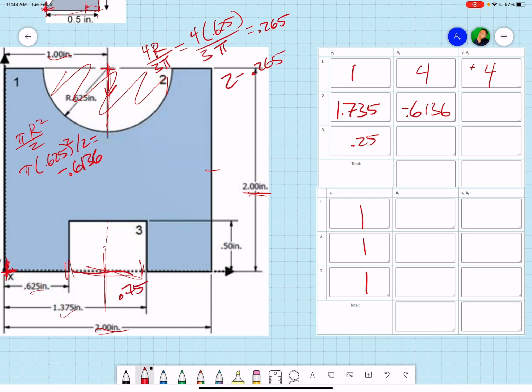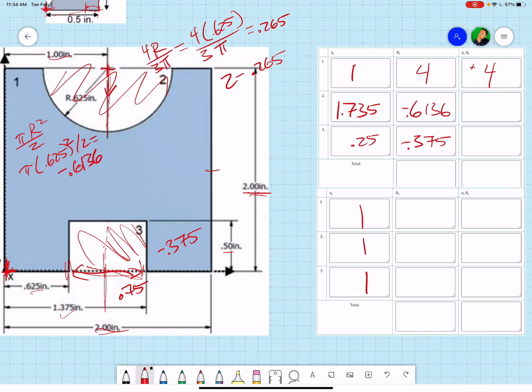So that's our base. Okay, and our height is 0.5. So we just do 0.75 times 0.5, and we get 0.375. And that is, again, a negative area, so it's going to be negative 0.375. Okay? Now, these are going to be the same values down below as well.